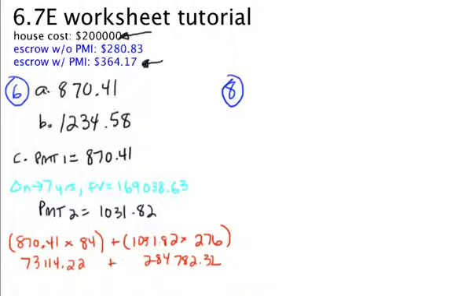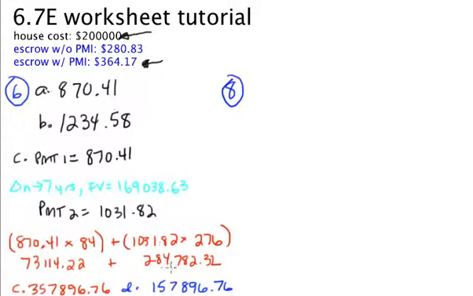Your total paid in this case, the answer to letter C, is going to be $357,896.76. And then the answer to part D, we're just going to have to subtract out our $200,000, so it is $157,896.76.